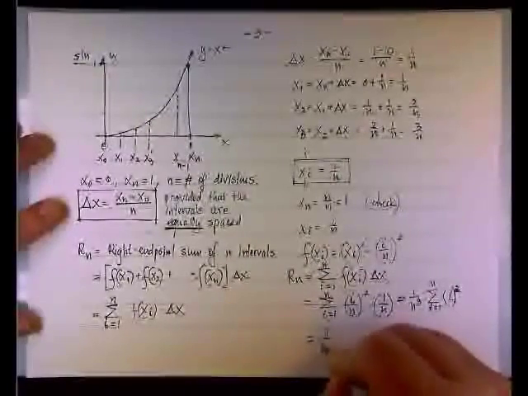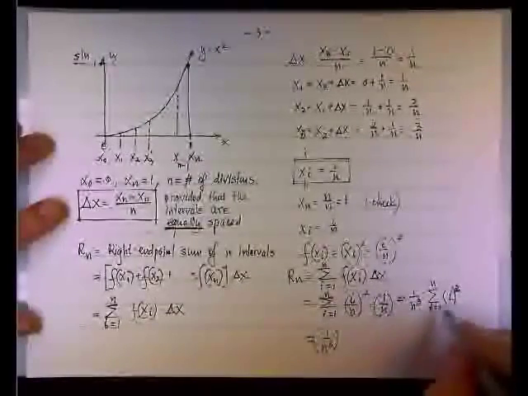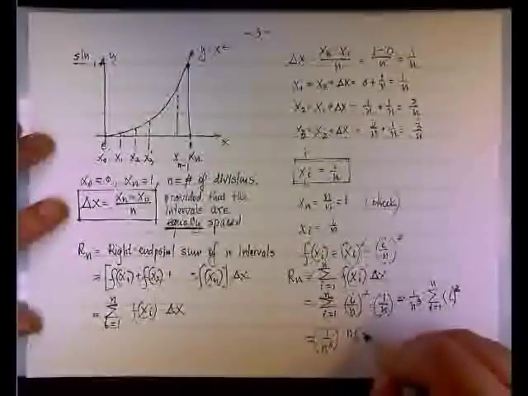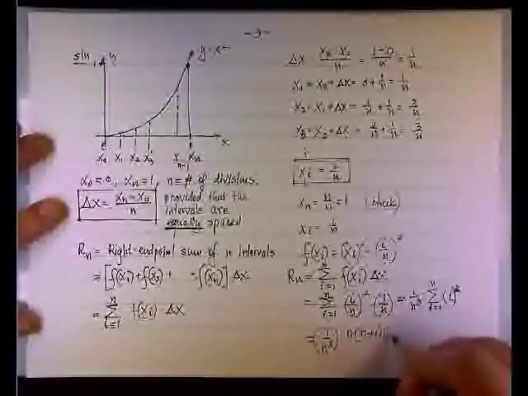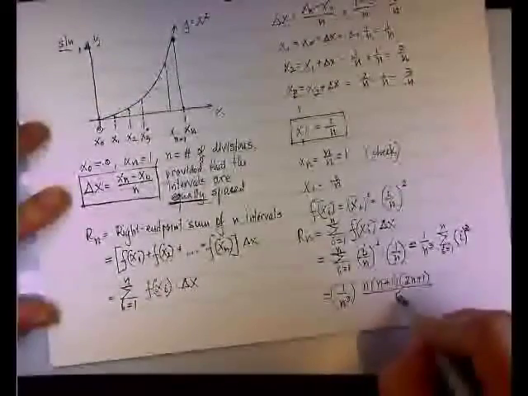We're going to have, for r sub n, 1 over n cubed, right? And then we have the result of the sigma, which is n times n plus 1 times 2n plus 1, all of it divided by 6.